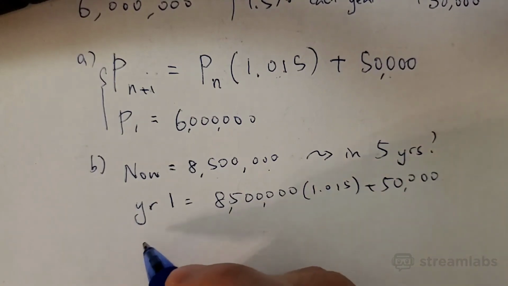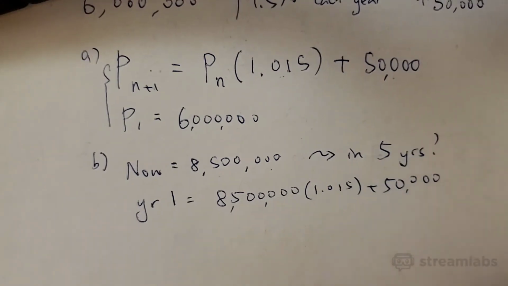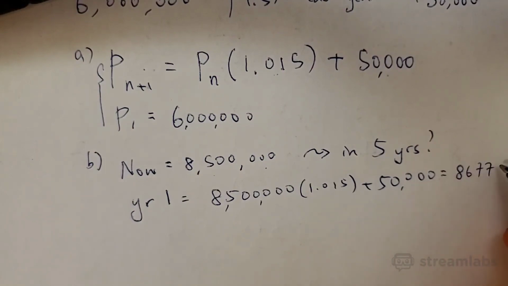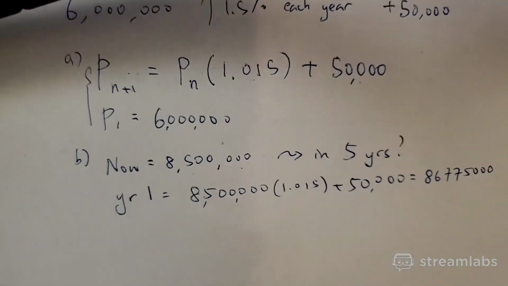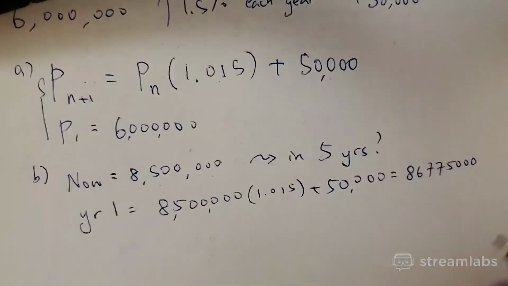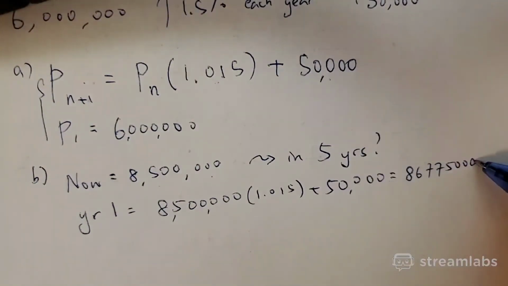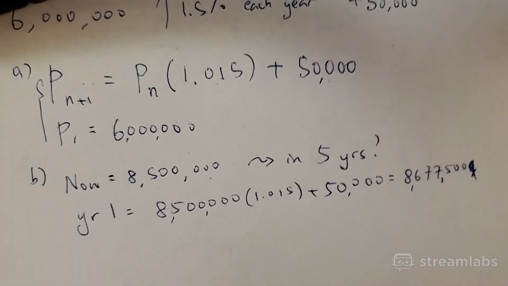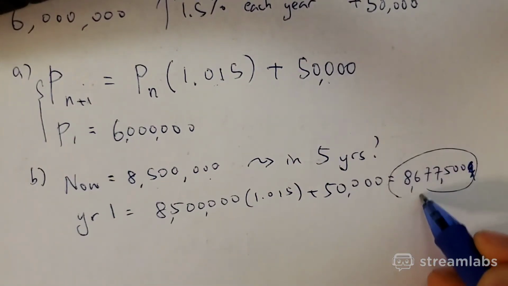So I think that equals 8677500. I think there's one more 0 here. Wait, I think there are too many. There's only one. So here, no 0 here. And then you use this number and plug it into the next one.